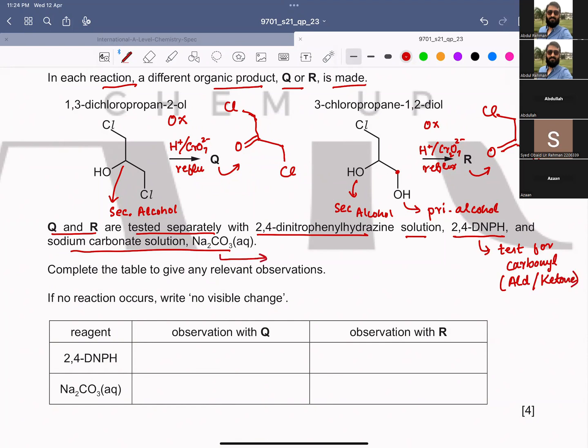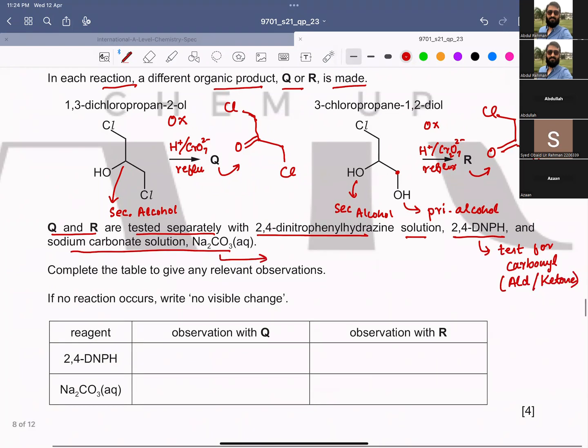And sodium carbonate gives carbon dioxide gas with a carboxylic acid or any other acid. So among the organic compounds, sodium carbonate reacts with carboxylic acid only. So it can be used as the test for carboxylic acid, and the observation for this reaction would be effervescence or bubbles.